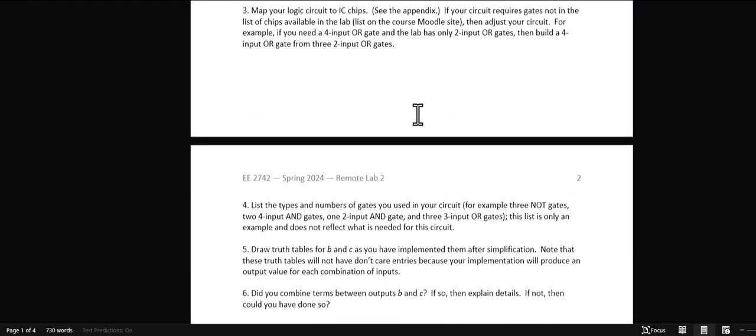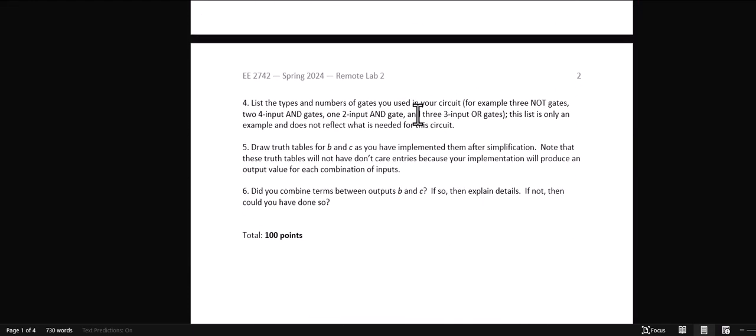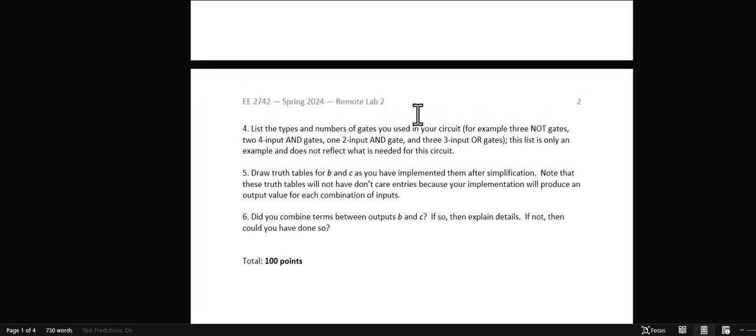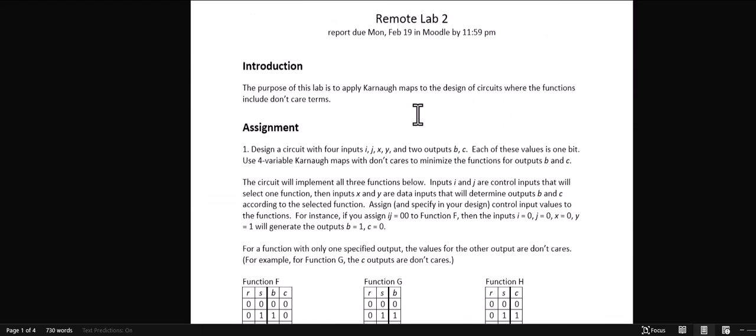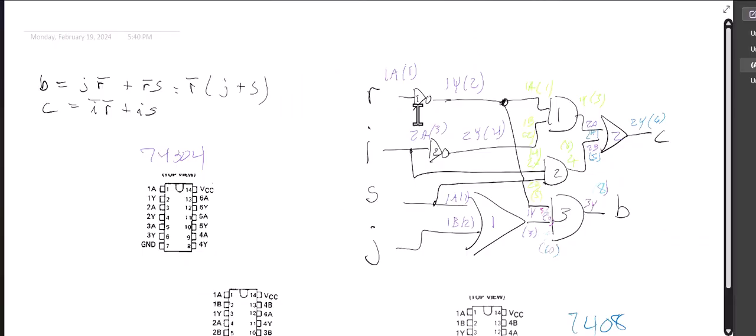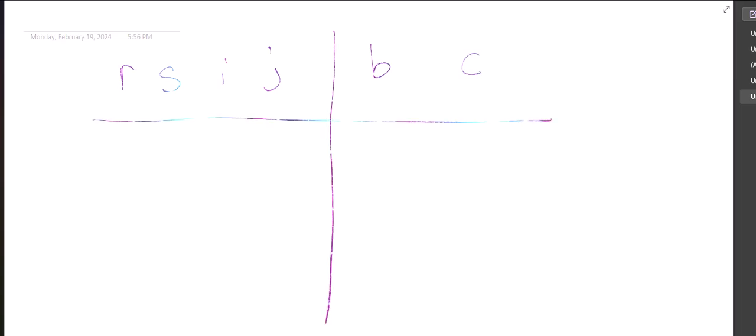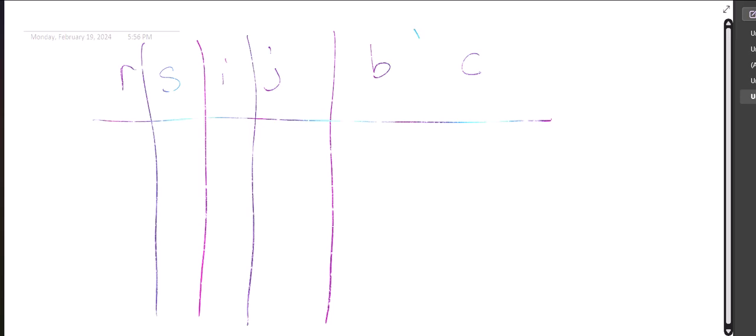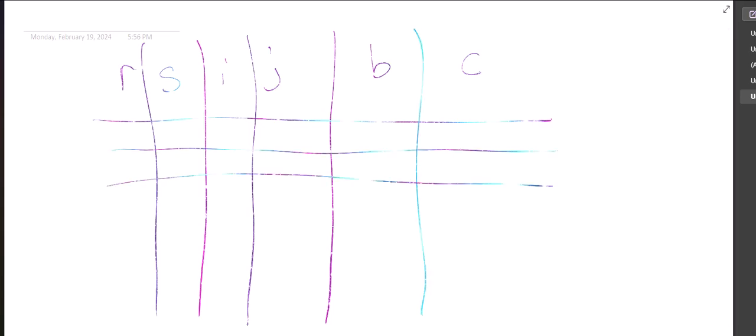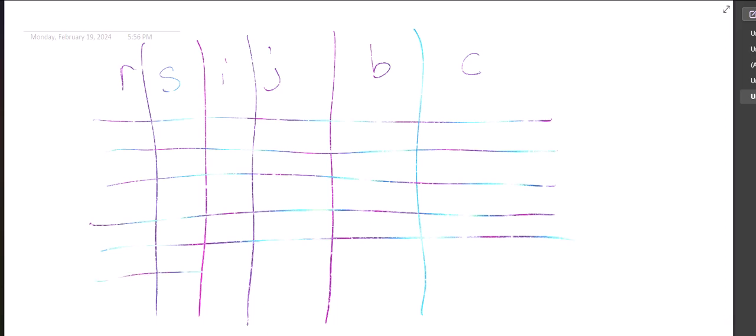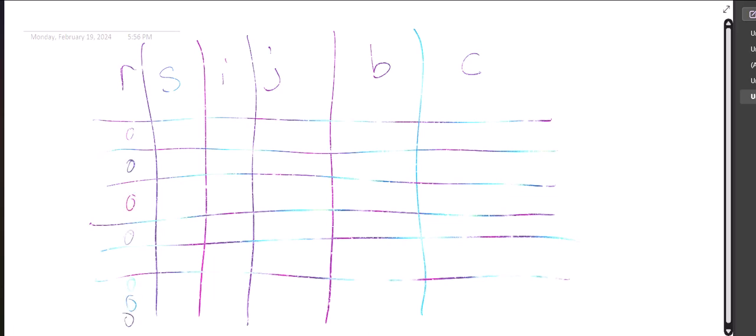Truth tables for B and C. Okay, so this would just be, you have 16 rows. You have 1, 2, 3, 4, 5, 6, 7, 8 zeros.